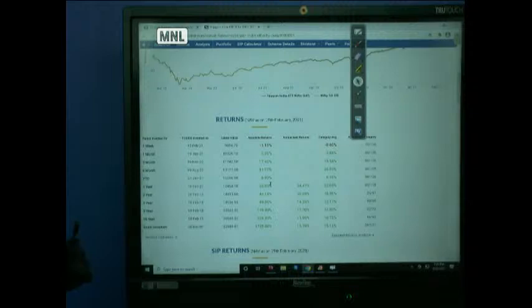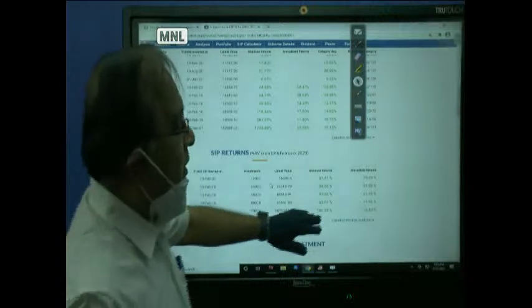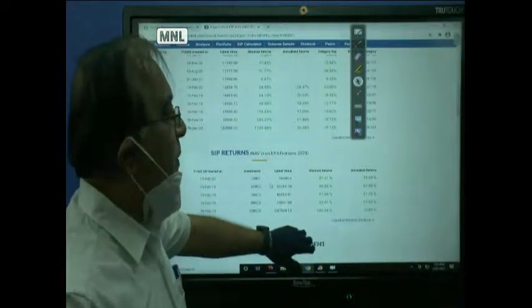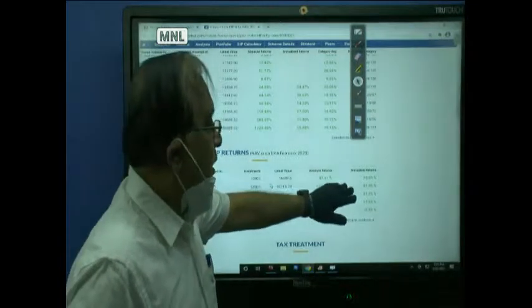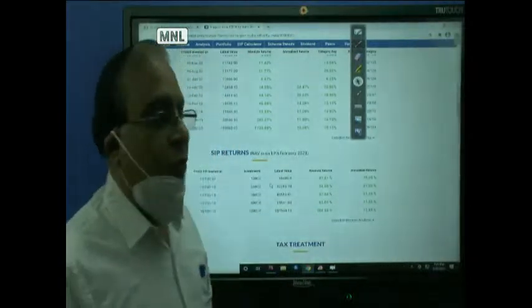Let us see the SIP in an index fund, Nippon India Nifty BeES. See the return you got, it is no less than the large cap funds in a systematic investment plan. In fact, the 1 year and 2 years have done much better. The 3 year scheme has done 22%, which is what we saw.